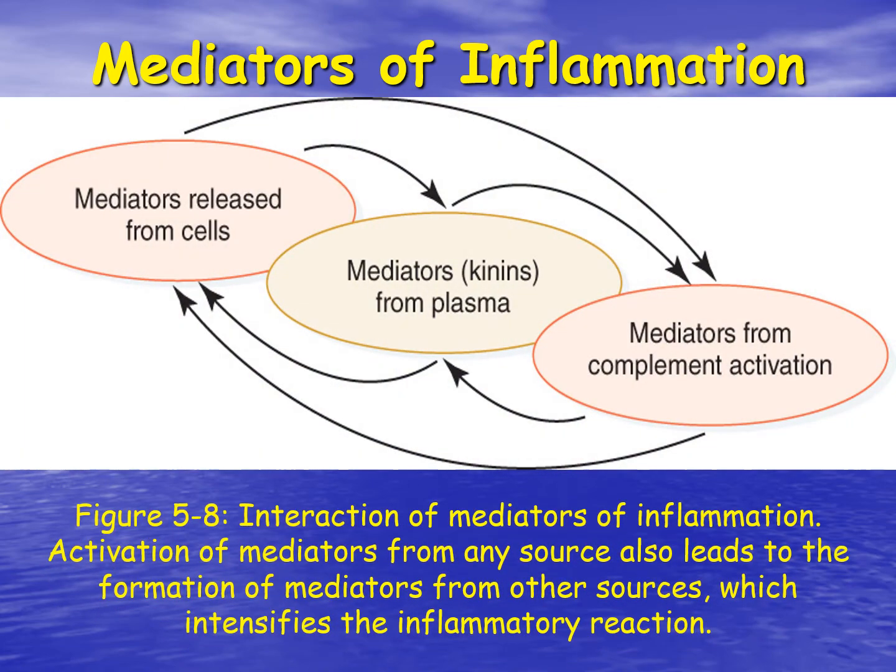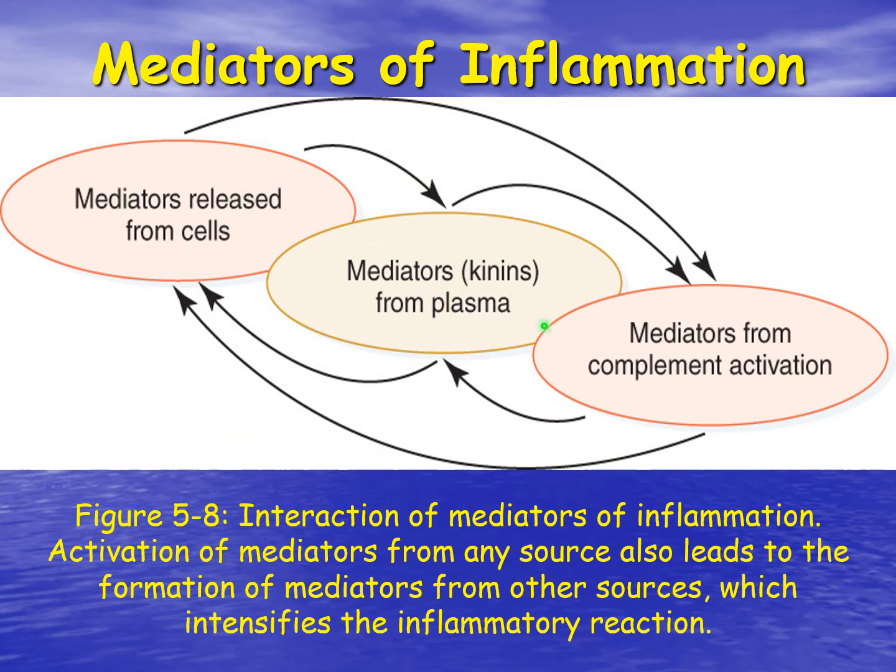So it's the interaction of these mediators of inflammation that will cause our signs and symptoms. And so they will actually feed upon each other. So mediators released from the mast cells, from the activated platelets, from macrophages will actually cause mediators from the complement to be activated, which in turn will cause more mediators to be released from more mast cells.